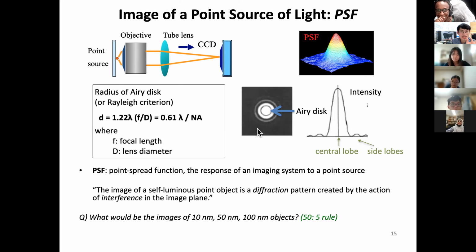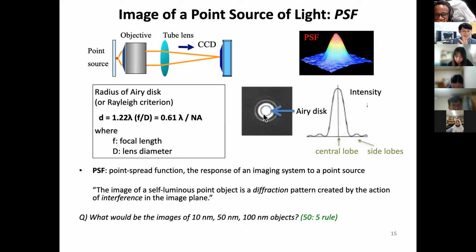With a resolution of 300 nanometer, even if you are taking an image of an object smaller than 300 nanometer, you always have 300 nanometer or bigger. That's why your resolution is limited. Even a point will become 300 nanometer. If you take an image of something smaller than your resolution, you will just get the point spread function.